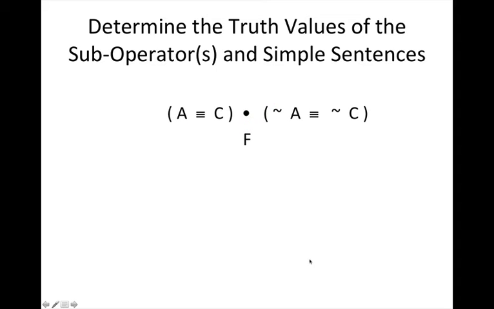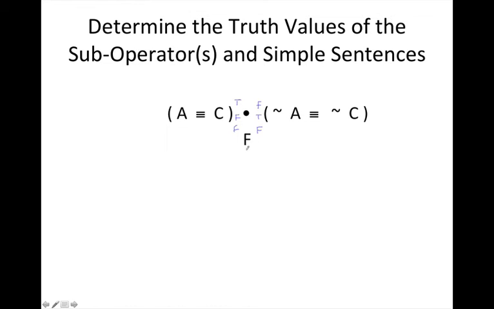What if we say that in this case the dot is false. Well, here what's tricky is that there are three ways for dot to be false, right? We could say that the left side is true and the right side is false, the left side is false and the right side is true, or each is false. So the tricky part is we don't know what that's going to be.